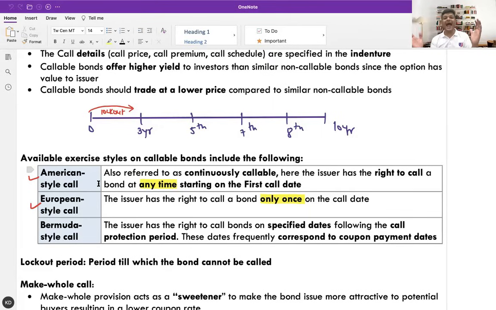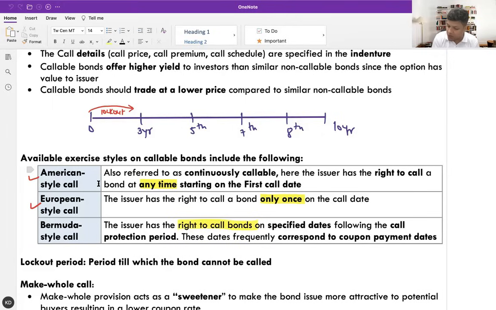Somehow they can agree on a Bermuda bond, or a Bermuda type of call option. A Bermuda type of call option is a combination of European and American. In a Bermuda style call option, the issuer has the right to call bonds on specific dates after the protection period, meaning after the lockout period.